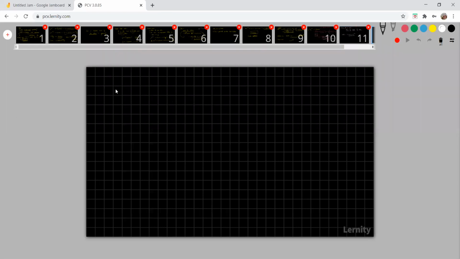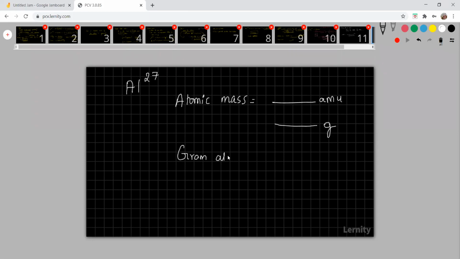Just solve. Okay. Let me take an atom called aluminium. Its mass number is 27. Can you tell me its atomic mass in AMU, in grams, and gram atomic mass in grams?